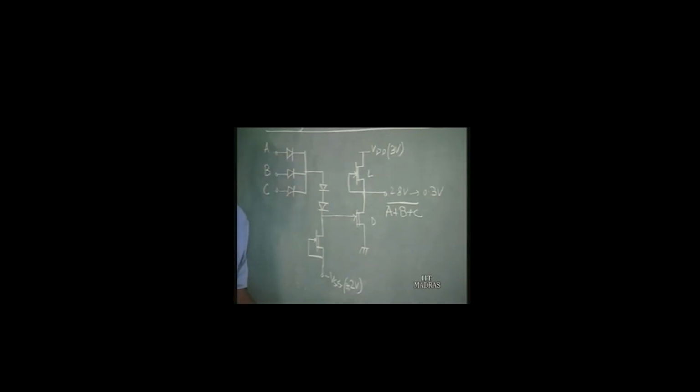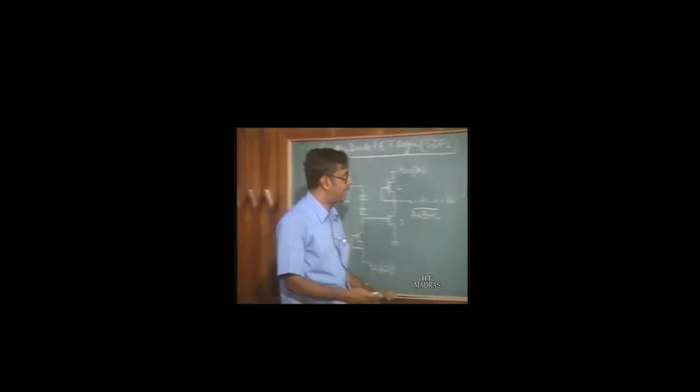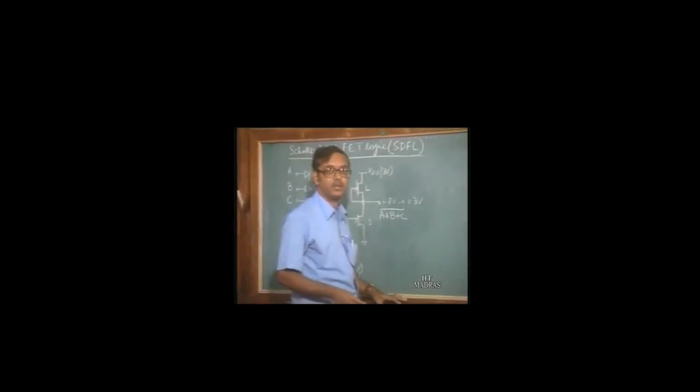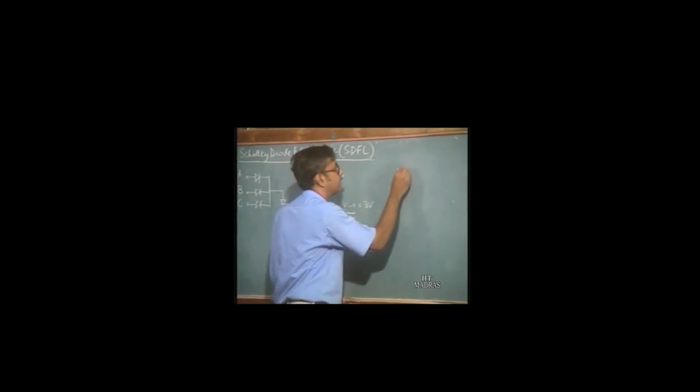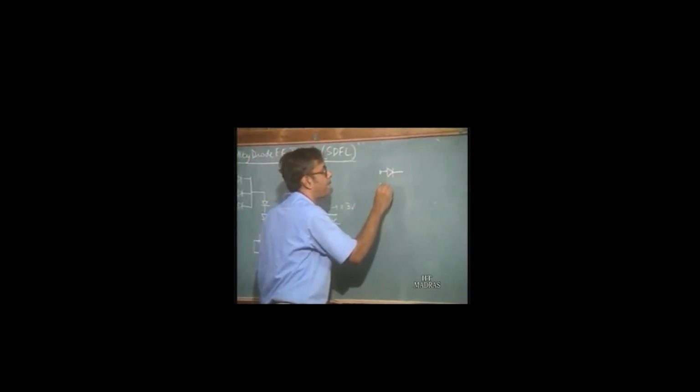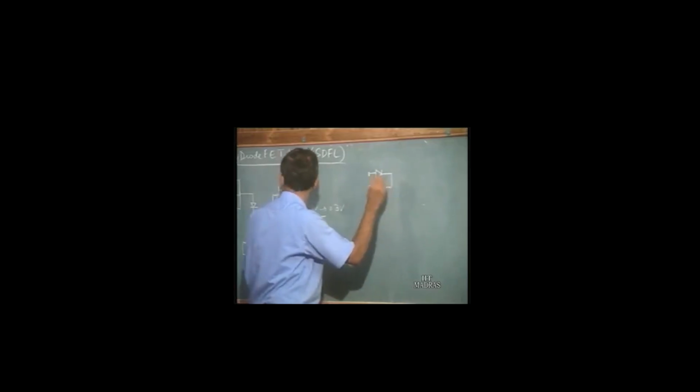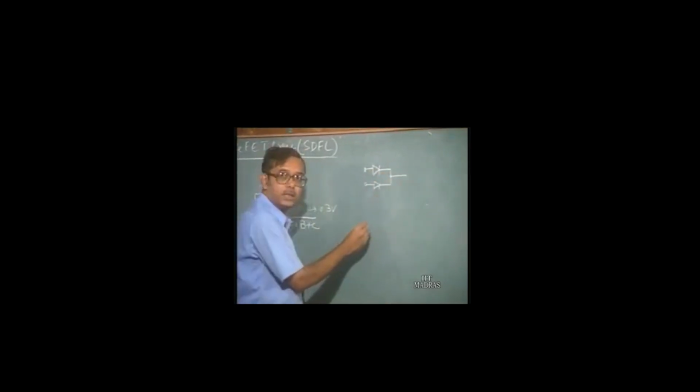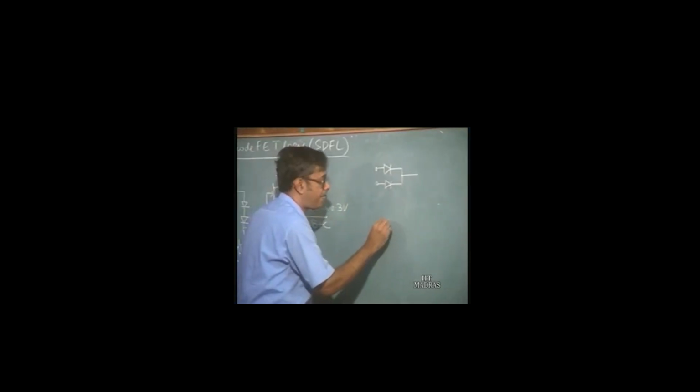Okay. So, this logic is performed using mostly Schottky diodes, and as we said, the Schottky diodes have less area. So, this is suitable for large scale integration. In fact, you can have a lot of variations using the Schottky diode FET logic family. For example, you can have OR and invert type of operations. Say for example, if you have a circuit like this, these are say 4 inputs.